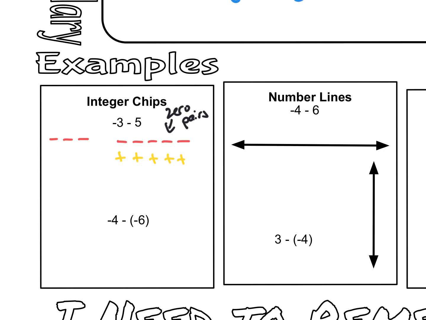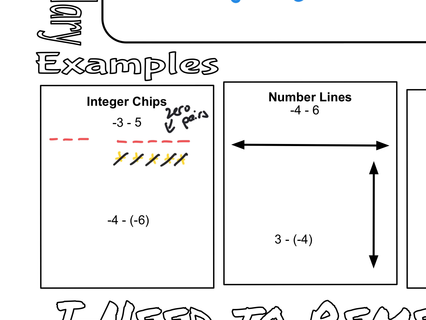Even though it looks like we added 5, because the total value of this part is 0, we really still just have a value of -3. Right now it would be -3 plus 0. Now we can take away 5 positives. So -3 minus 5 will look something like that.